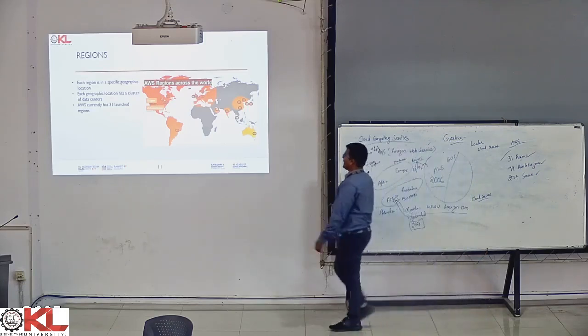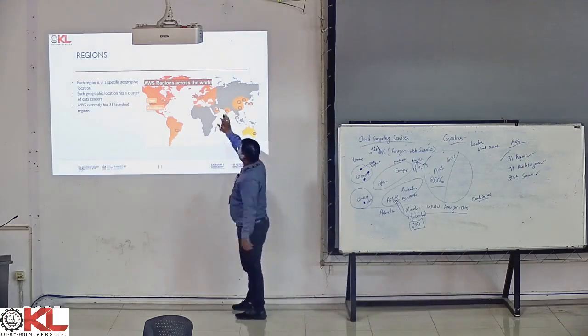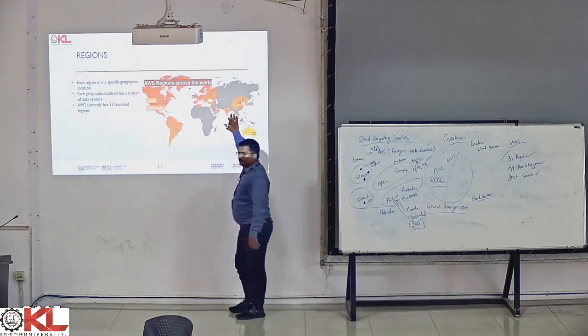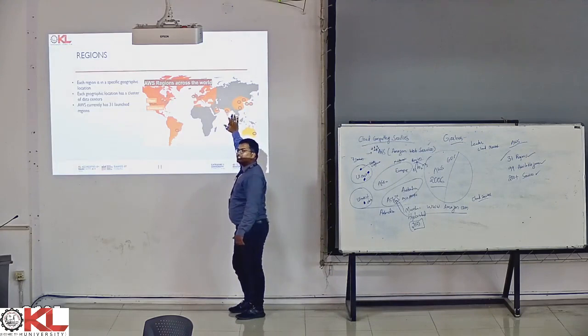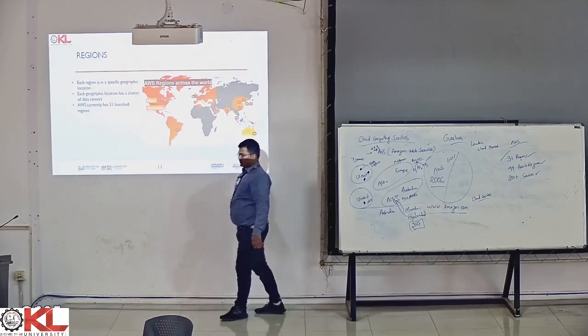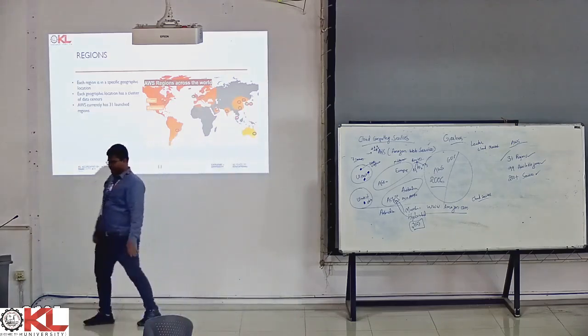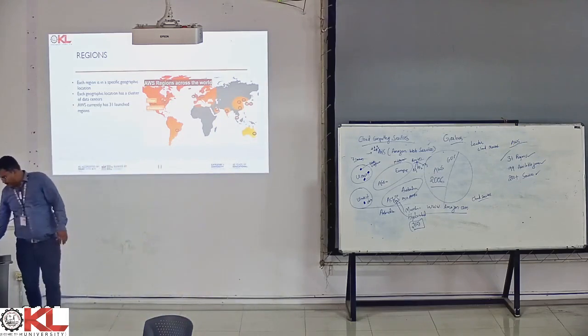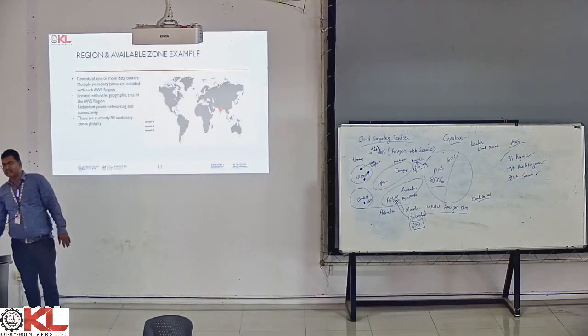Please understand, we have 2 regions here. Each region consists of a minimum of 3 available zones, because with these 3 available zones, the data is guaranteed. Each available zone is clustered further into data centers.